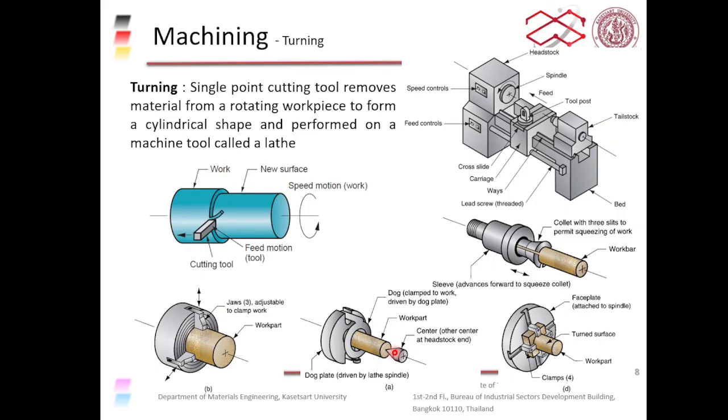It will sway a little bit as well. So you need this center to push against the workpiece and hold it in the center. In that case we're using a fixture which is called a dog plate.